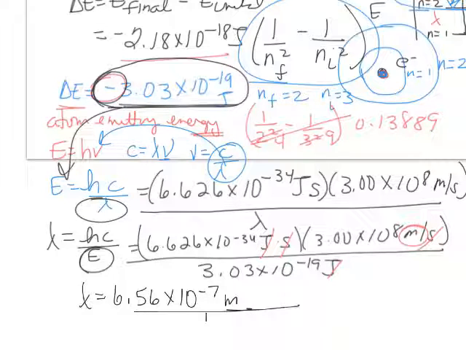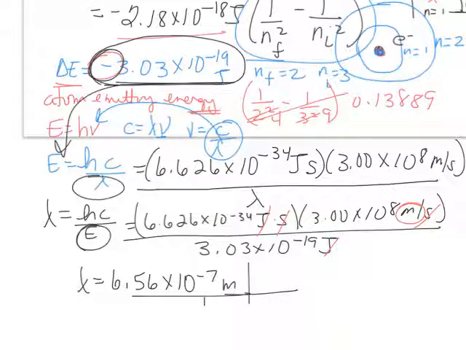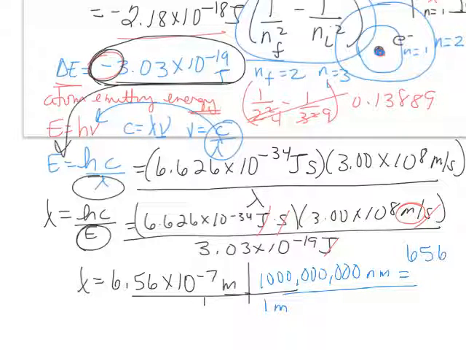And we go ahead and calculate that into nanometers because that's what we really like to report our wavelengths in. So what is that for 1 meter? We have 9 zeros for nanometers, and nanometers are smaller, so it ends up being 656 nanometers is your answer.